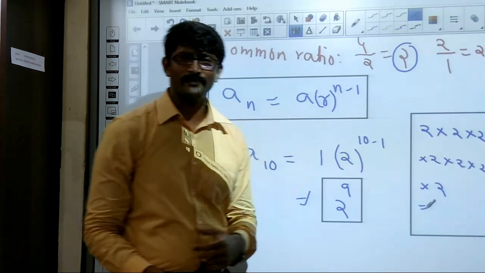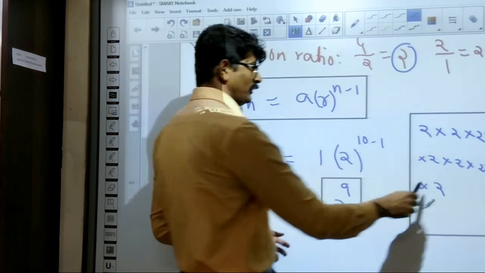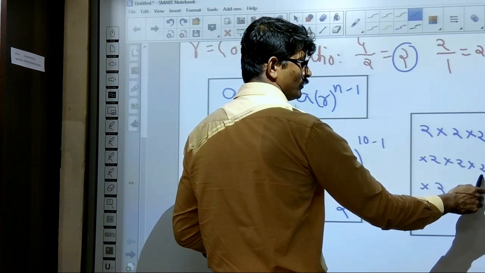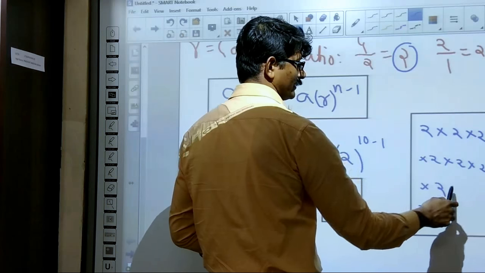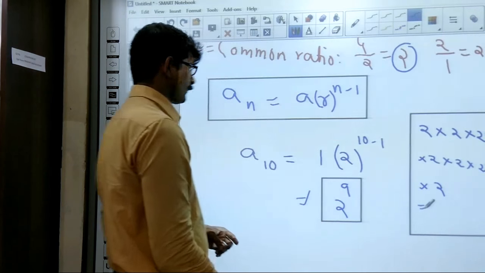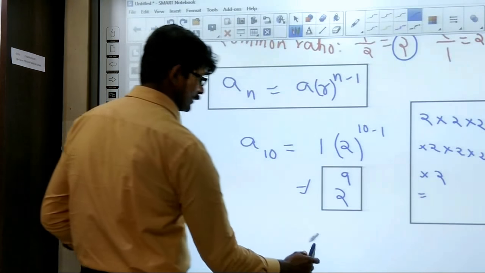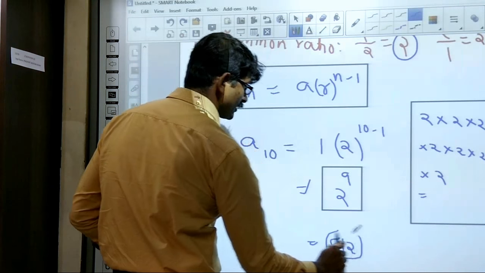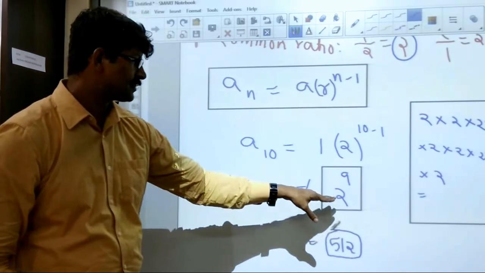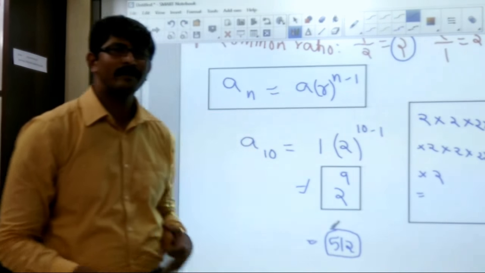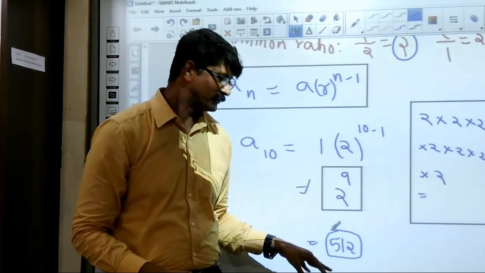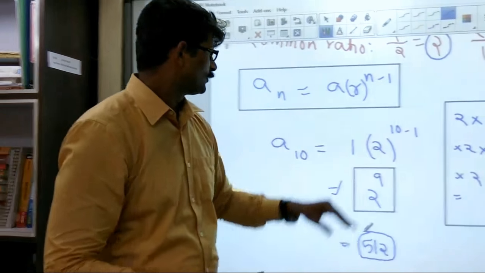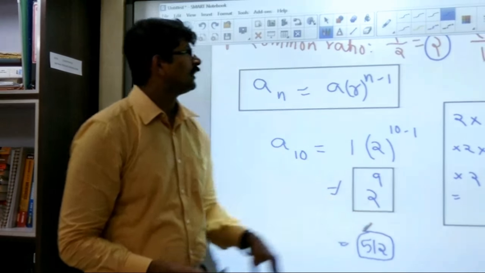One can do that orally: 2, 4, 8, 16, 32, 64, 128, 256, and 512. But this was very simple in this case because the base number was 2. It is not necessary that you'll be able to do this in all sums. So one can stop over here as the answer. I hope you are following.